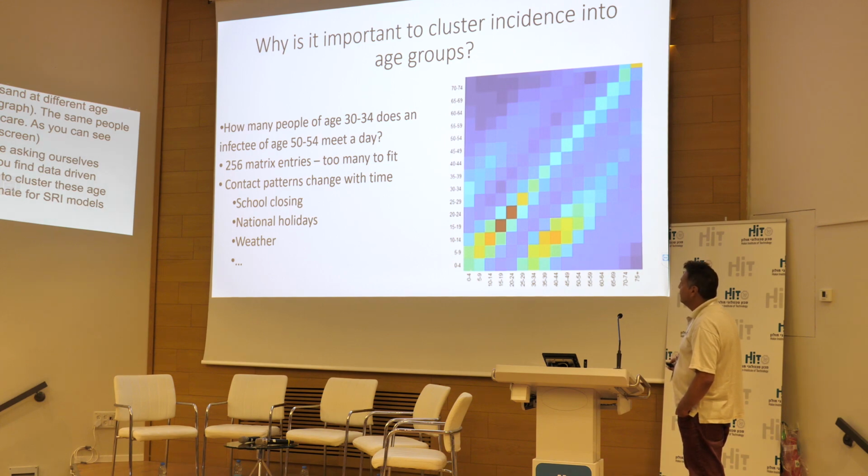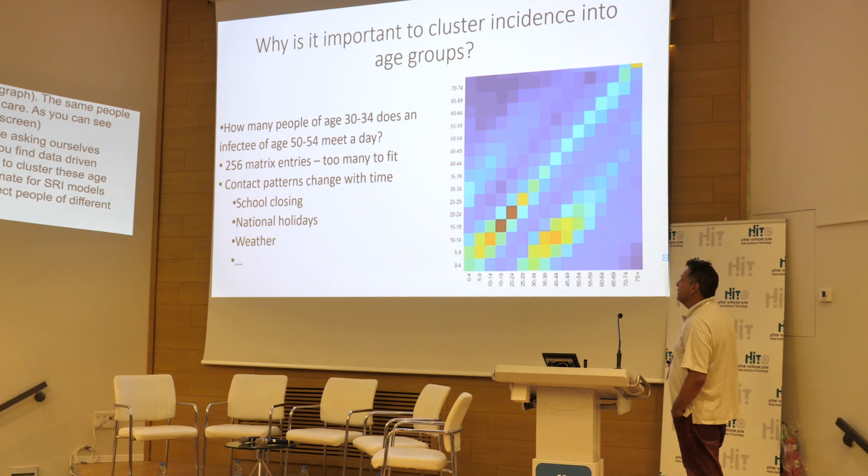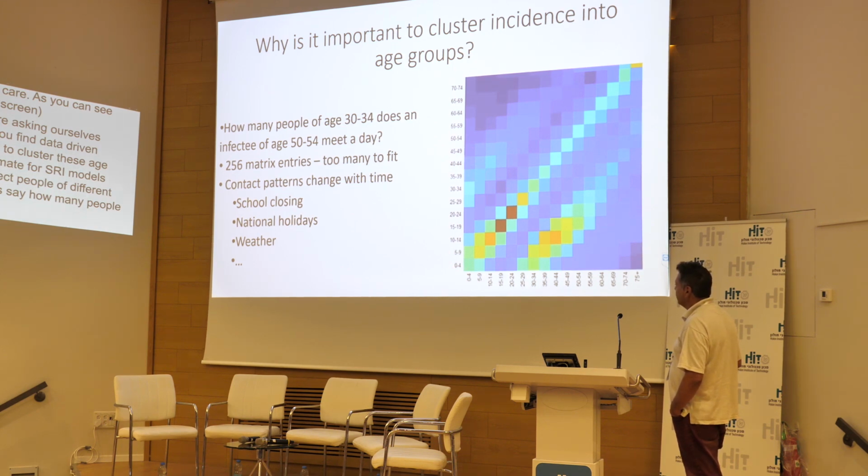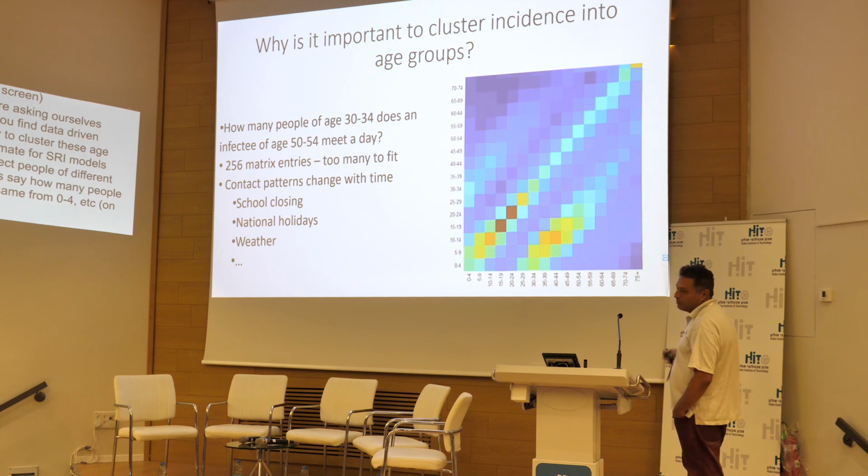So if we take, for example, this is how many people at the age 0 to 4 infect people at 0 to 4. And this is how many 0 to 4 infect 35 to 39. Usually you have the diagonal, which is where most people meet most people at their same age.